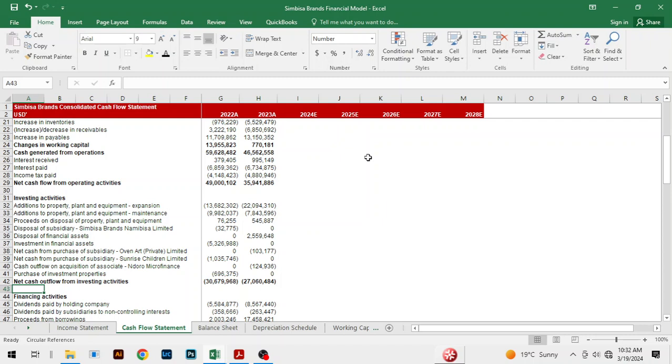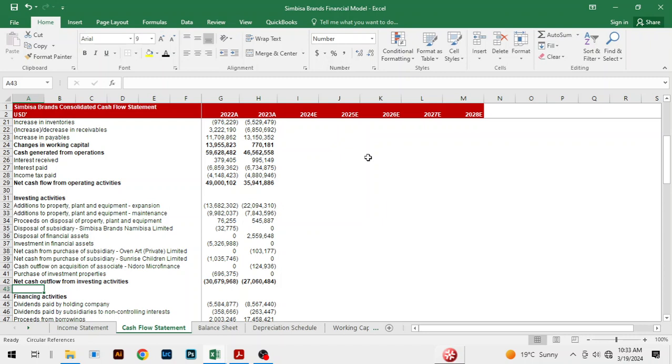This is mainly to sustain the existing infrastructure and service systems, to make sure that the business keeps on going. And then we've got proceeds on disposal of property, plant, and equipment. This is the selling off of some old equipment, property, and plant.